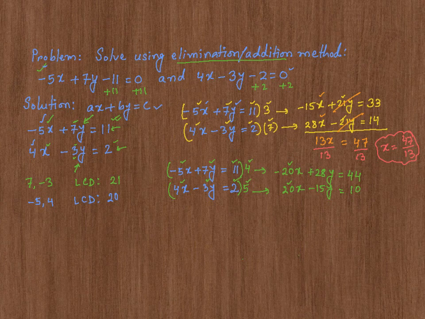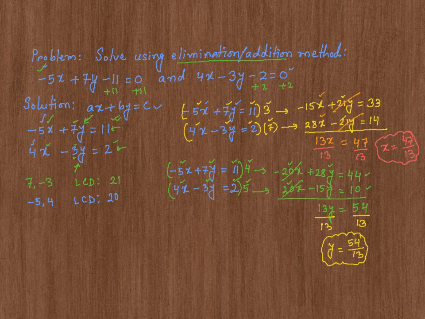Okay. Now if I add them, the x terms are going to cancel out. 28y minus 15y is going to be 13y is equal to 44 plus 10, which is 54. Now I am going to divide both sides by 13. That's going to give me y is equal to 54 over 13.